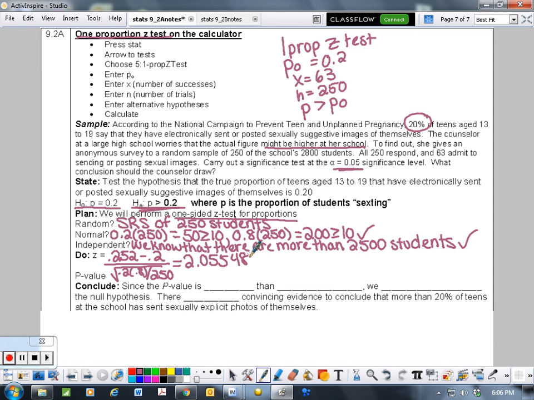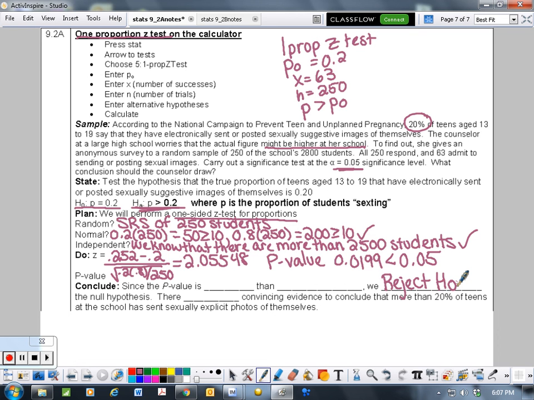That's why it's nice having that test to check out, but you still have to write down this stuff. Our p-value ended up being 0.0199, which is less than 0.05. So we can reject our null because it is less than.